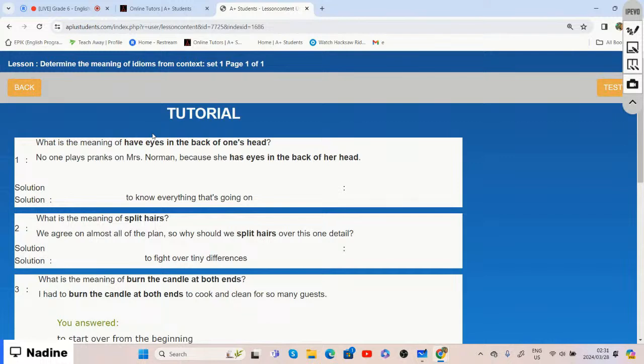All right. And when we say, I have eyes in the back of my head, yes, you can say it's like I could see things that people can't see, especially if the learners are misbehaving, and the teacher is writing on the board, then she can still be like, I have eyes in the back of my head, so I know that you did it, Seth, for example.